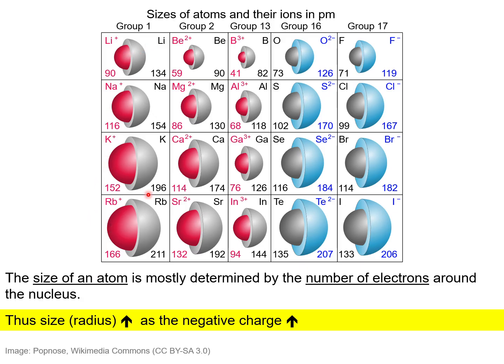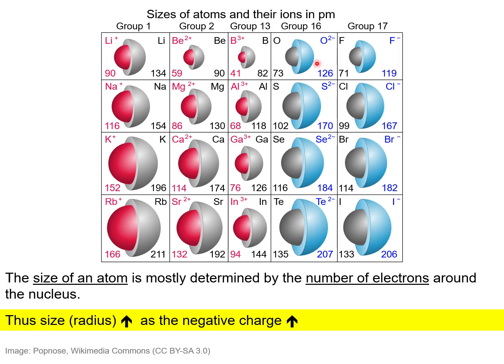And it's not just a little bit smaller, it's a lot smaller, just from losing a couple of electrons. If you notice boron, which has lost 3 electrons, the cation is much smaller than the lithium ion. Now if you go the other way and start adding electrons, it gets bigger because you're adding more electrons.